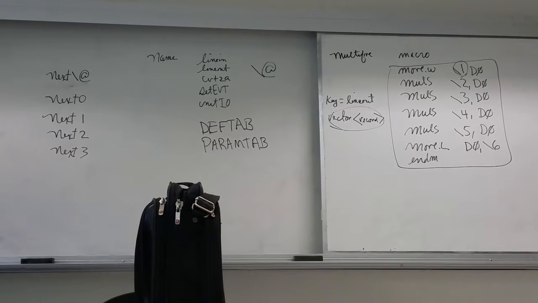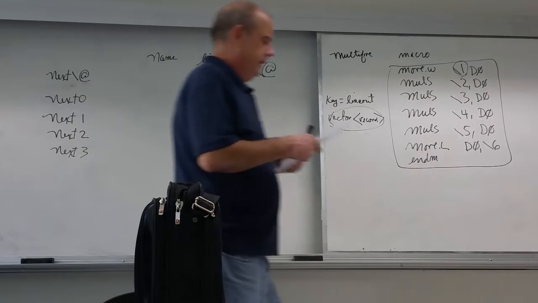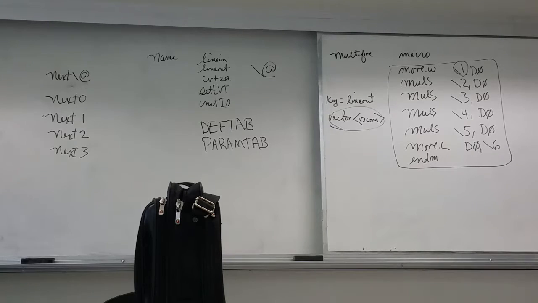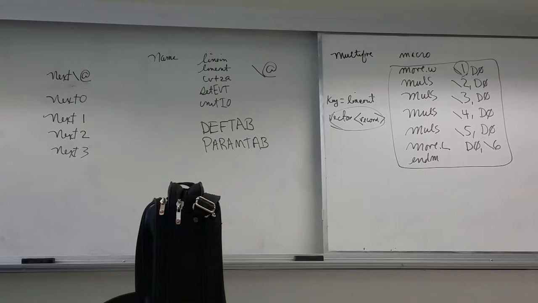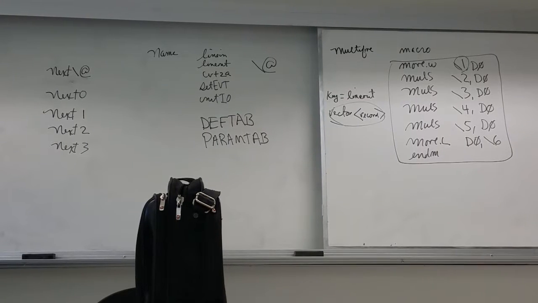So we have to come up with a way to store that information. I actually have a handout here. I decided that it was more complicated than I wanted to try to do in class, so I used the students instead. But this has labels in it. This is a macro definition here. This is one I wrote, and it removes leading zeros from numbers.